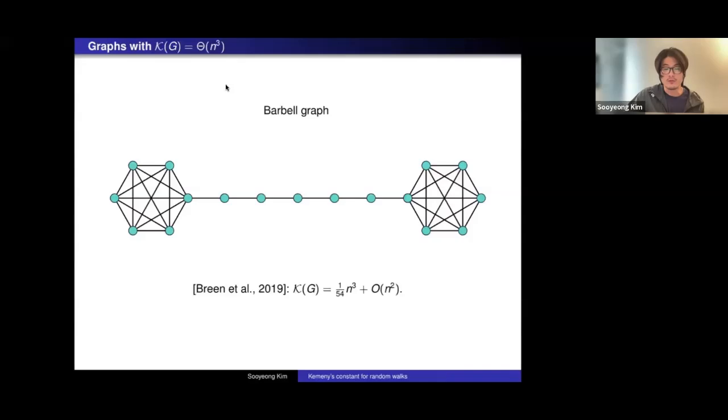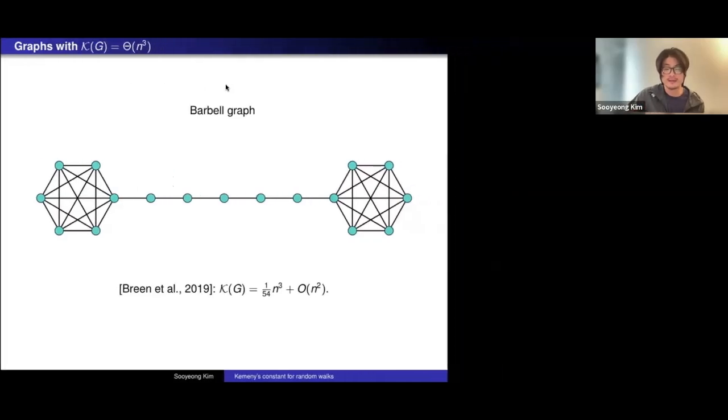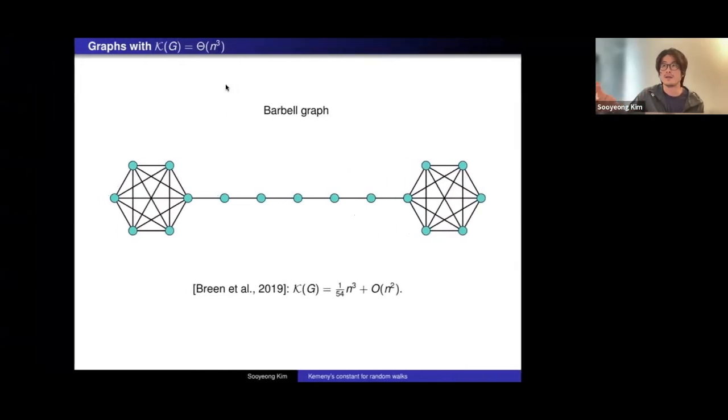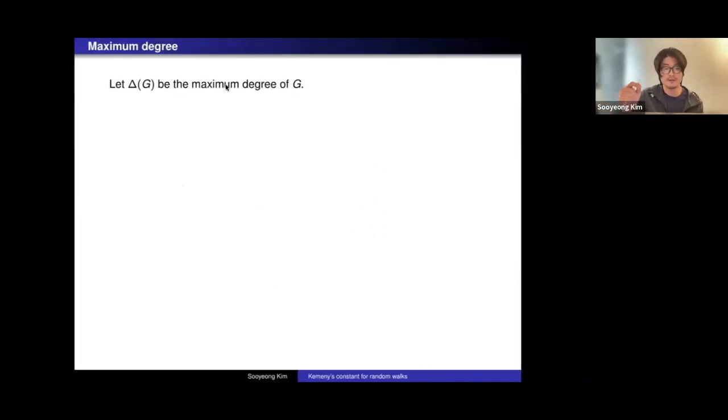Then we are wondering what other factor, other than sparsity and diameter, influences Kemeny's constant. So maximum degree could be a candidate.